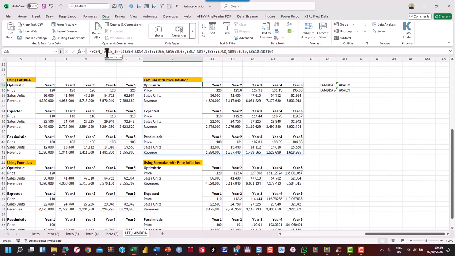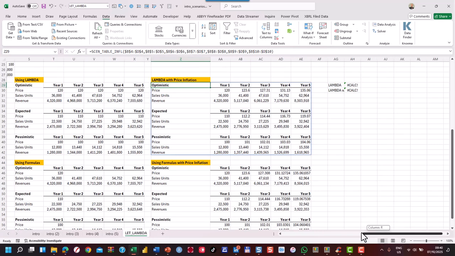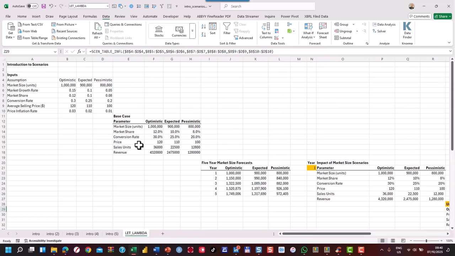Equals scan underscore table underscore infl, open, and then select B4 to D4, comma, select B5 to D5, comma, as you can see. So you're having to go to B4 for the name, B5, B6.